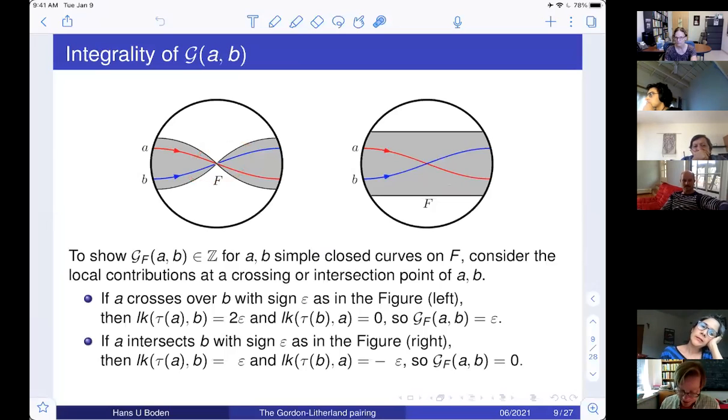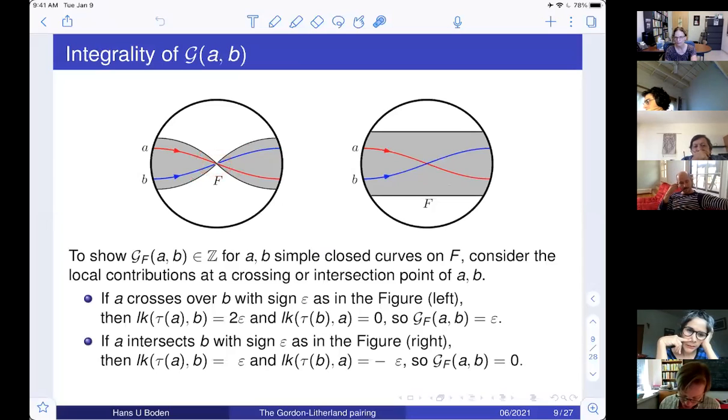And if you take tau alpha, you push A above and below the surface, but you'll see that both copies of tau alpha go over B. So actually the linking number of tau A with B is +2 for this intersection, because you push it above and below the surface, but both copies actually go above the B because of the twist in the surface.